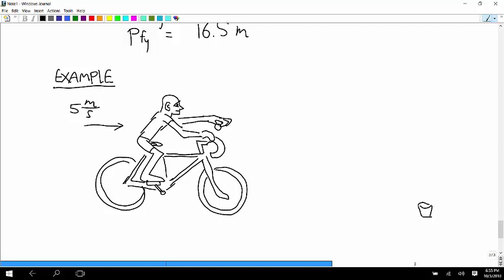And you want to know, you're holding this ball exactly 1 meter above the ground. Oh, and the cup has a height of 0.15 meters.